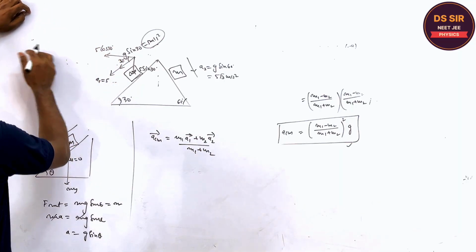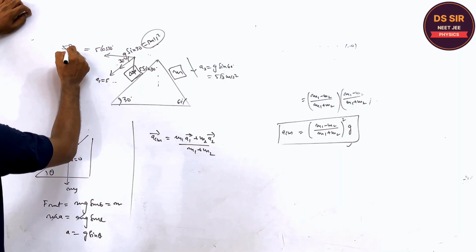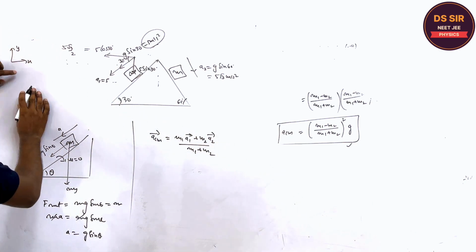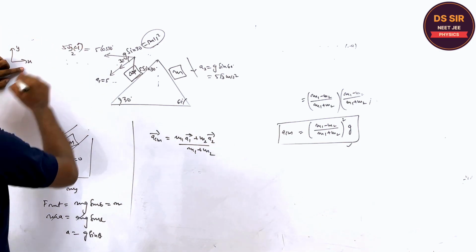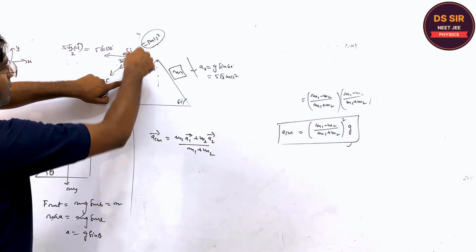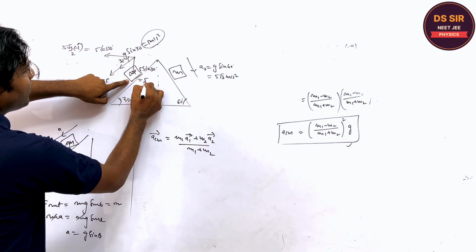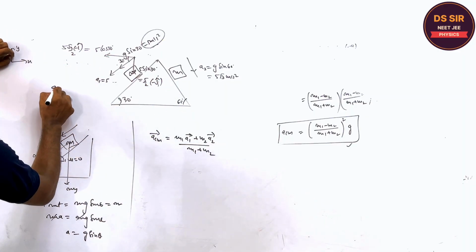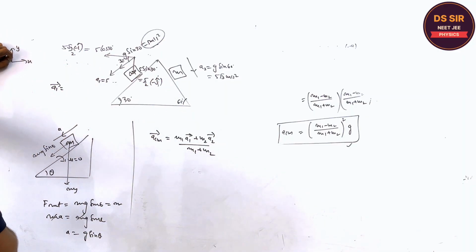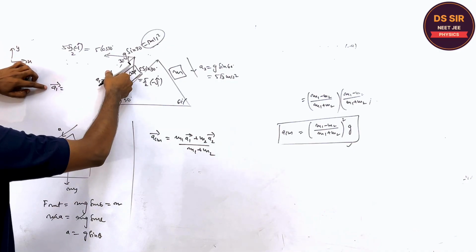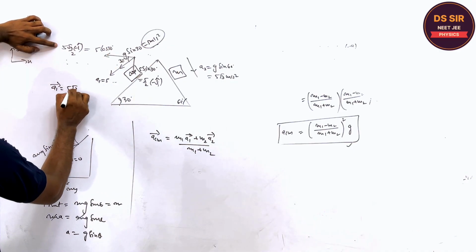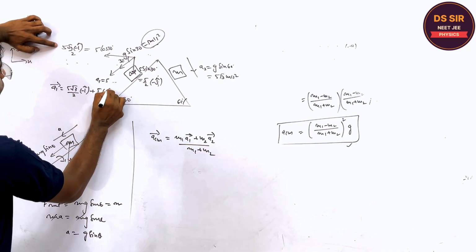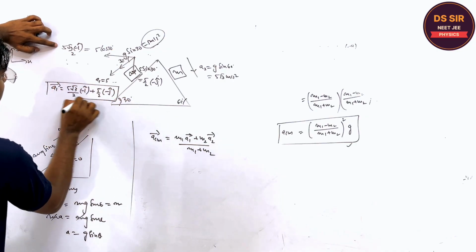It comes to be 5 root 3 by 2. This is the x-axis, this is the y-axis, so this is minus i cap. This is 5 sin 30, it is 5 by 2, downward direction, minus j cap. So what A1 vector will you write? A1 vector is 5 root 3 by 2 minus i cap, plus 5 by 2 j cap. This is the A1 vector.